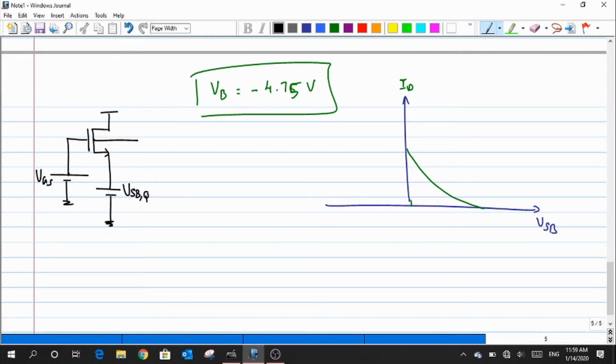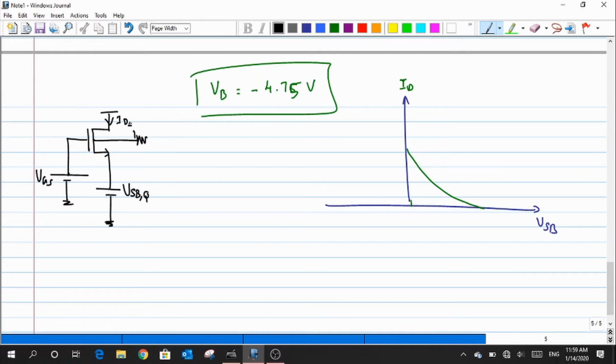The body of this device is fixed to ground. Now the same condition would reflect the same kind of graph. Even this circuit condition would reflect the same thing. Now there is a current that flows through the device.